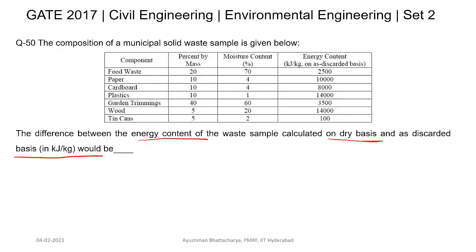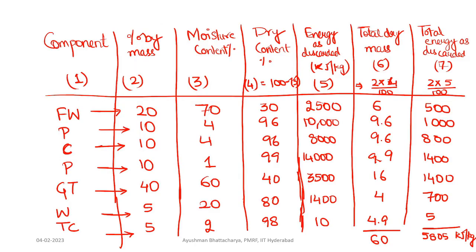Okay, so again I will repeat. For the composition of the municipal solid waste sample they have given the percentage by mass, the moisture content, and the energy content on a discarded basis. They are asking the difference between the energy content of the waste sample calculated on a dry basis and a discarded basis. Initially we calculated the dry content of the waste, then the total dry mass, then the total energy as discarded.